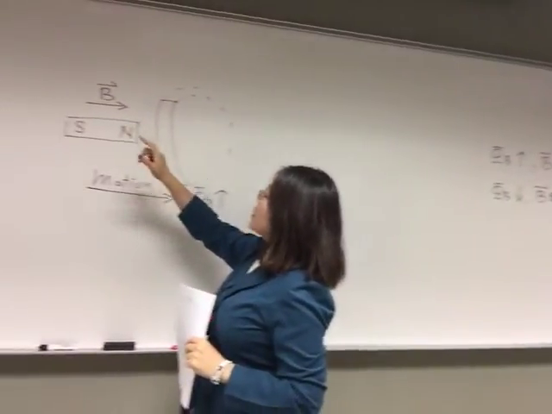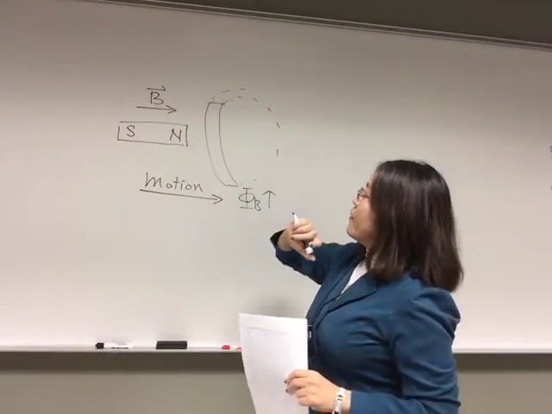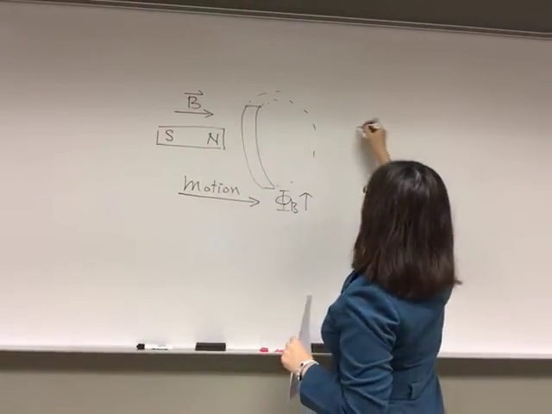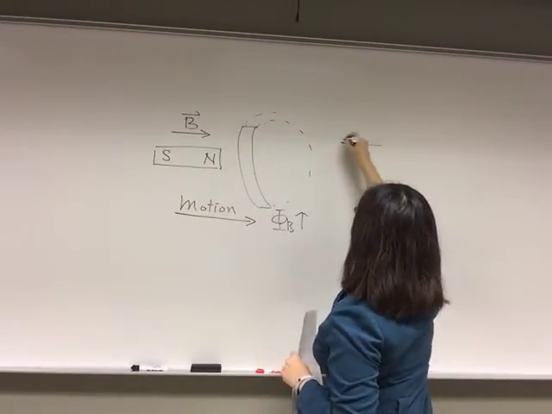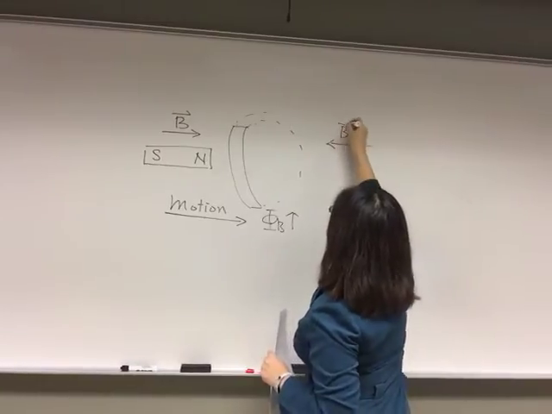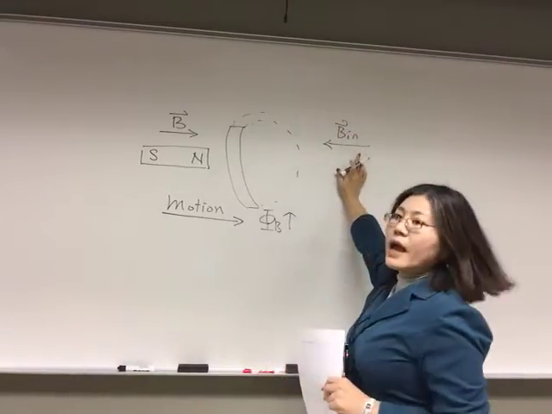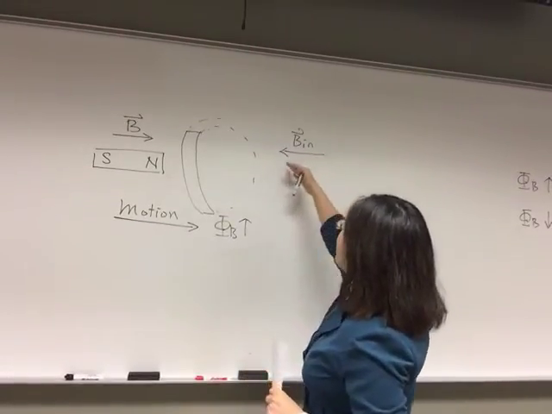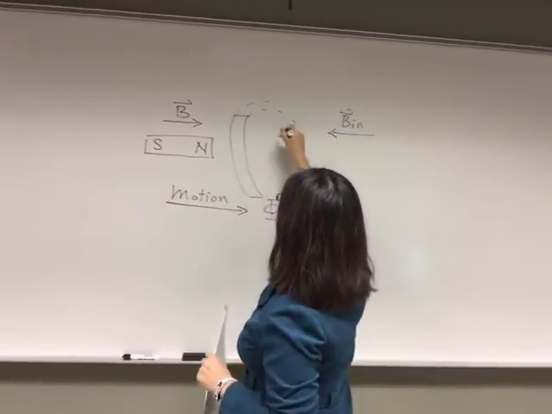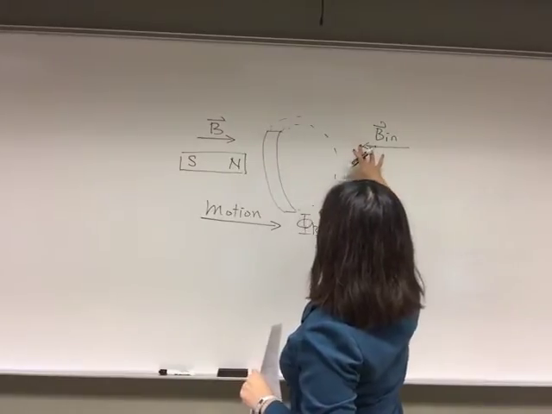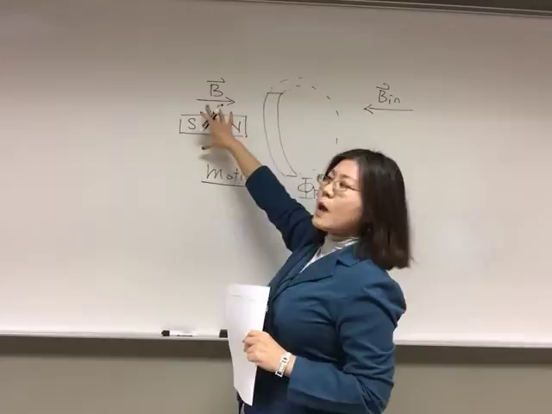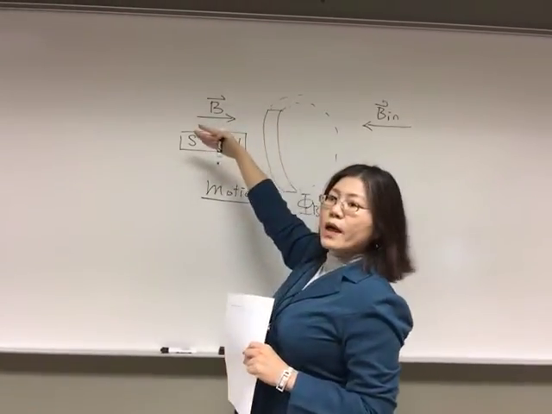In what direction would the induced magnetic field be? It would be in the opposite direction of that. So the induced magnetic field, which I'll label B induced, will be in this direction within that current loop, which means that the induced magnetic field from the movement of this bar magnet will be in the leftward direction.